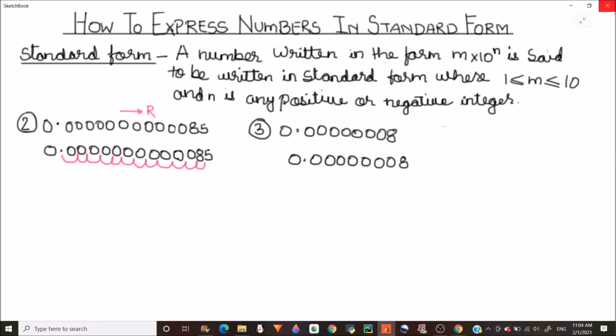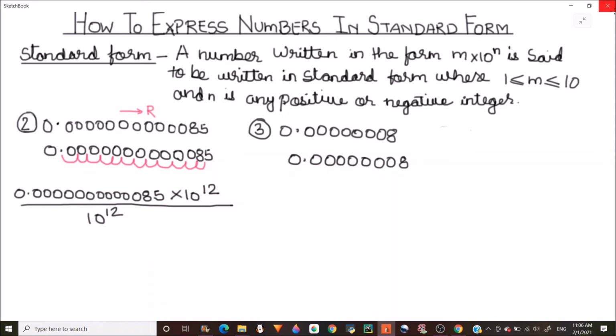So after 12 decimal places, we have to put the decimal point. We have to multiply and divide this number by 1 followed by 12 zeros. Instead of writing so many zeros, we can write multiply and divide by 10 to the power 12.